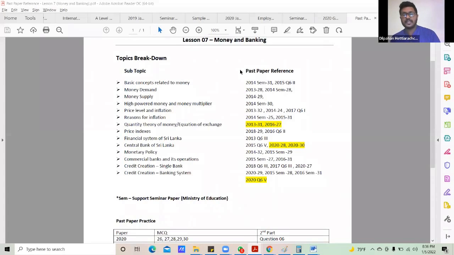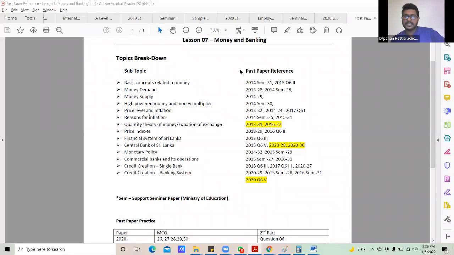So credit creation is a very important part of this lesson. And most of the time, definitely it will be there in your paper. And most of the people are struggling to get correct answers for this section. So therefore, I thought of giving some support for you by doing some questions and by explaining the way that you can get the answer for these questions.